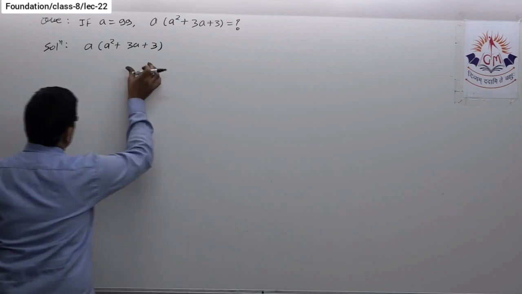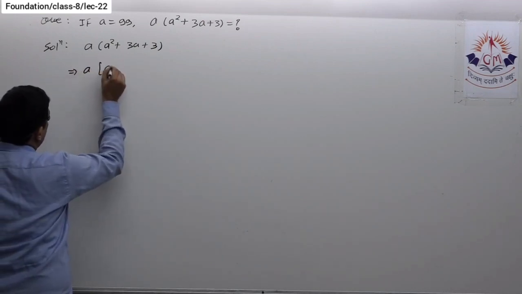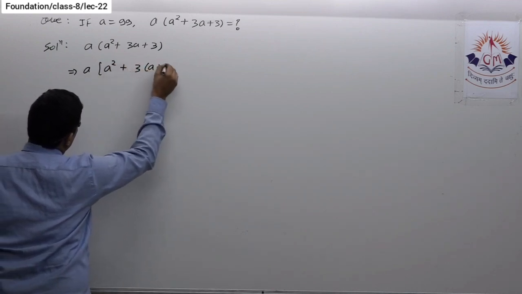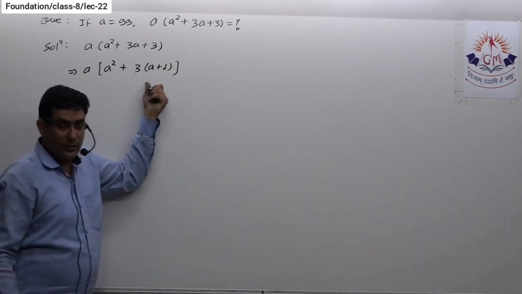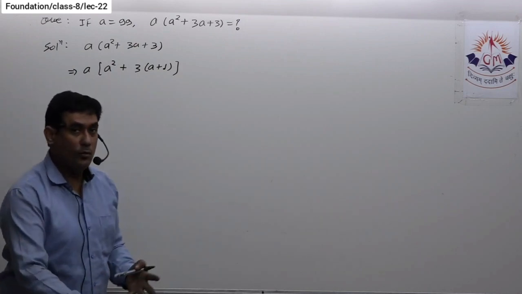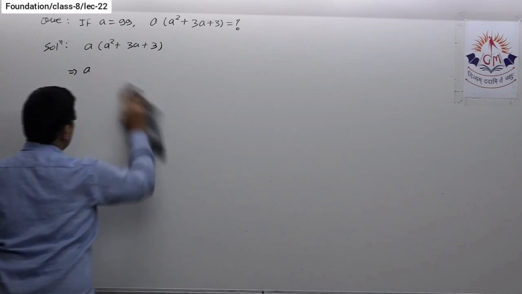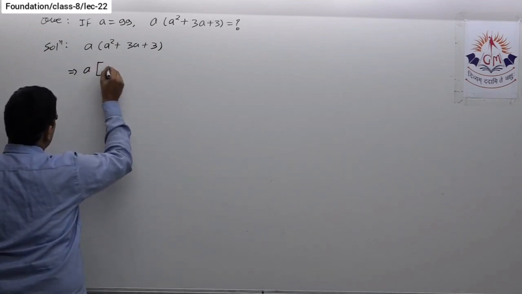If I take 3 common, here I will get A plus 1. But if I put 100 in place of A plus 1, then A square is still there, and I want to avoid that. I don't want to find the square of 99. So I have to think in a different way.